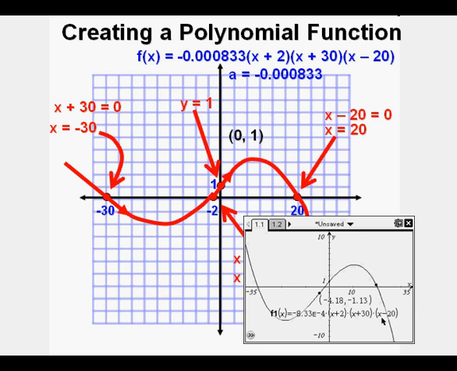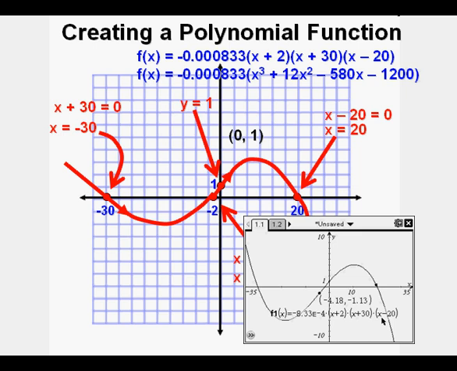Now we'll multiply all these three factors, quantity x plus 2 and quantity x plus 30 and quantity x minus 20, together like Alex did earlier. And that gives us negative 0.000833 times quantity x cubed plus 12x squared minus 580x minus 1,200.